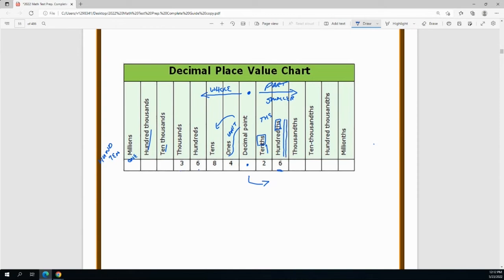Well, when we say 0.26, we call it 26 hundredths. So you would actually say the number that's listed here as 26. But you also have to say the place value, and it goes right after you say 26. And the place value you want to say is where the last number is located. So you would want to say 26 hundredths.